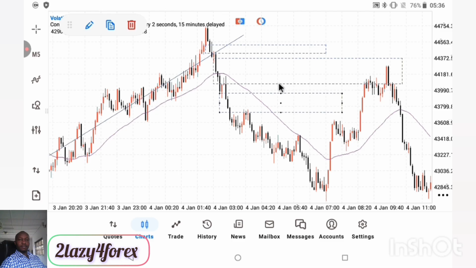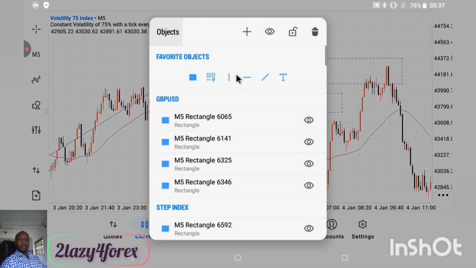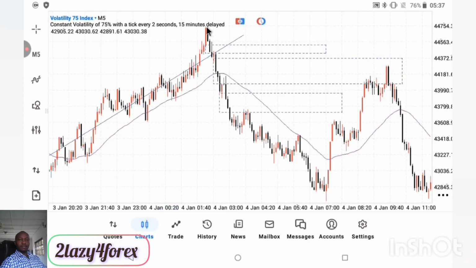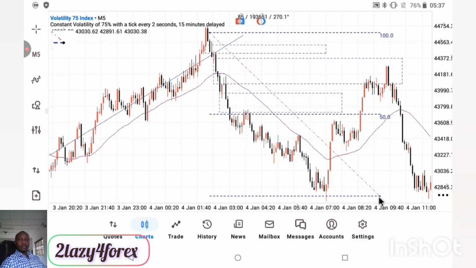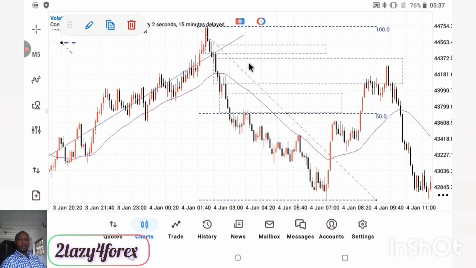So the thing is, at times I can easily tell you to adopt another thing too, though it's not necessary because it depends on what happens at the end. But you can easily use a Fibonacci retracement tool, so that at least to an extent it guides your decision.